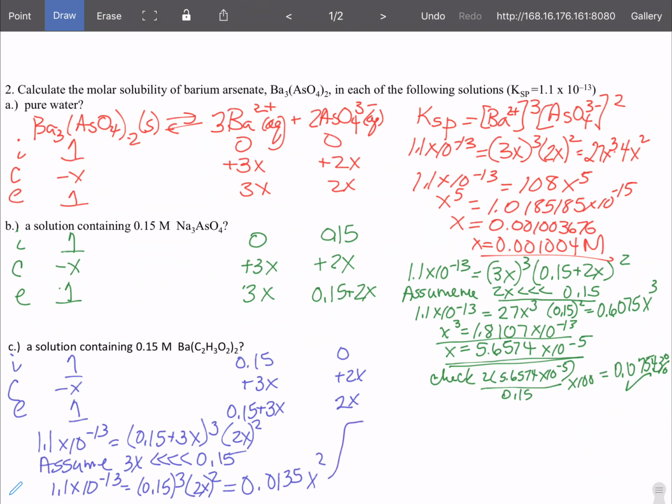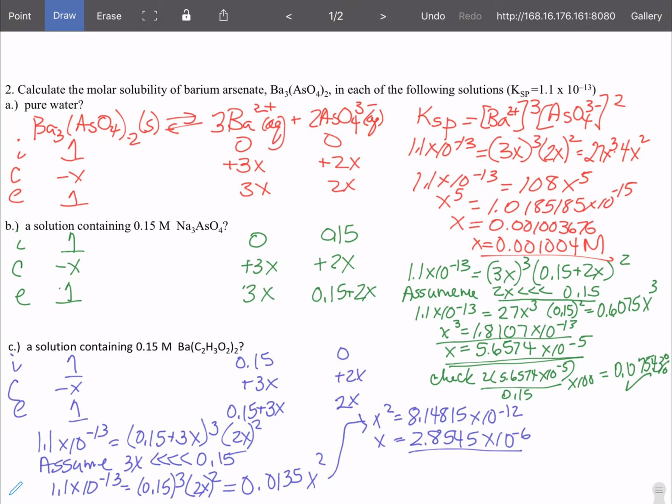So if we do the math here, then x squared comes out equal to 8.14815 times 10 to the minus 12th, which x is equal to 2.8545 times 10 to the minus 6th.